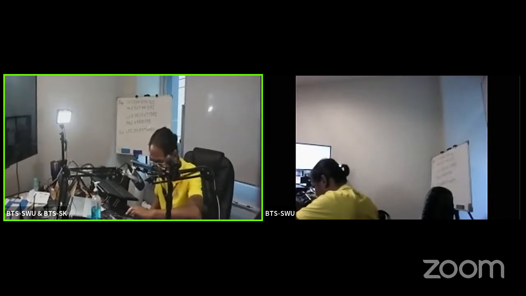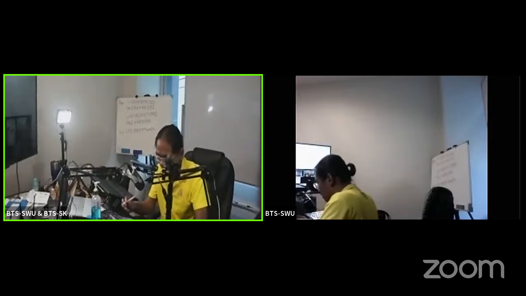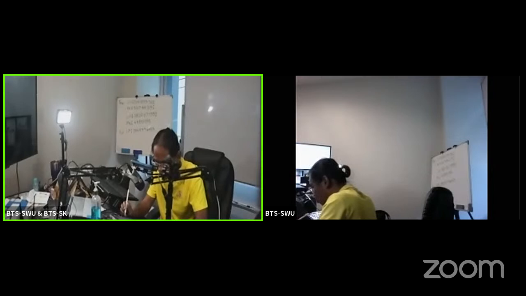1.29, right? We have to multiply it with the area. Okay, my God, I forgot the area. Okay, the area is 4 square meter.